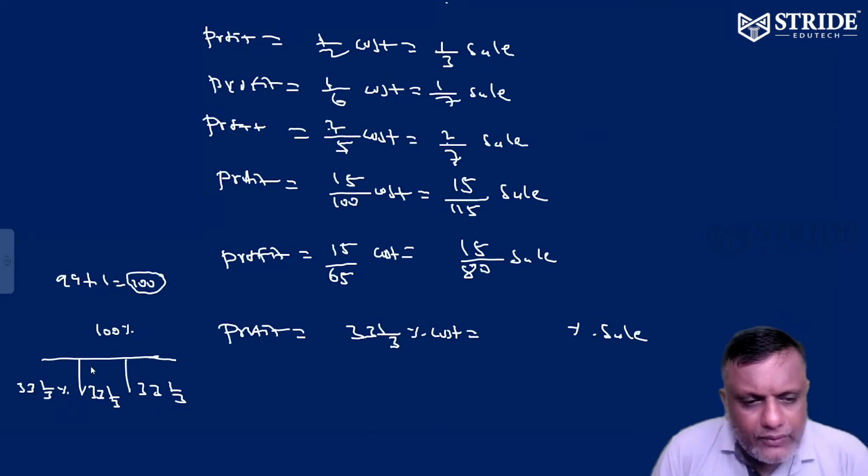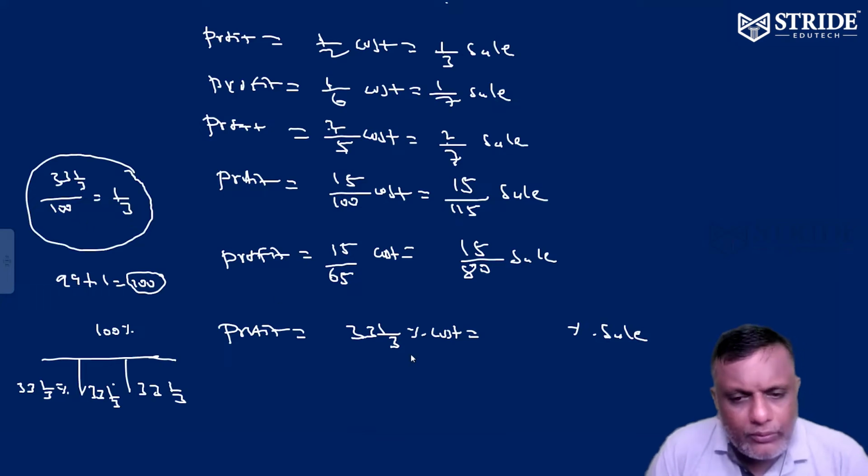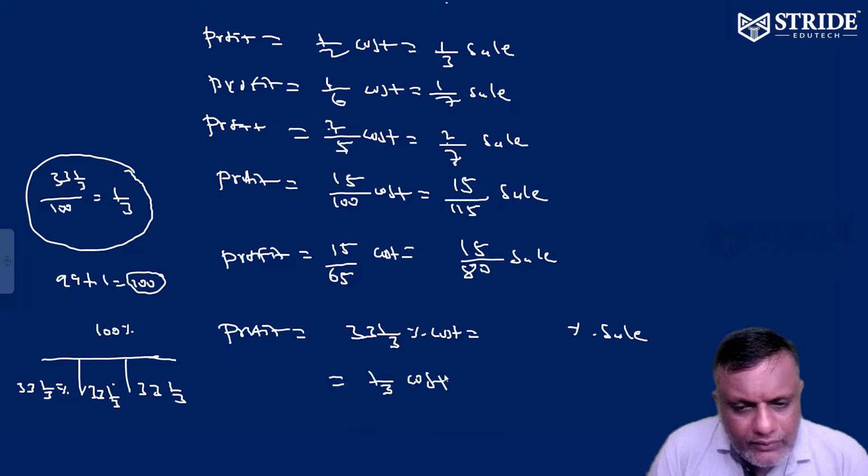So 33 1/3% of 100 is equivalent to 1/3 portion only, correct? Both are the same. So profit is equal to 1/3 of cost. 33 1/3% of 100 means 1/3 of cost.